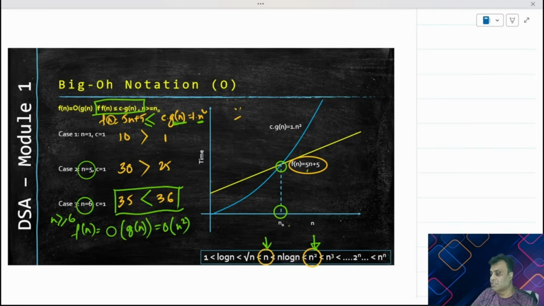We proved it in the earlier slide, and we are proving it now that n square is also the upper bound of the function. So what are we saying?